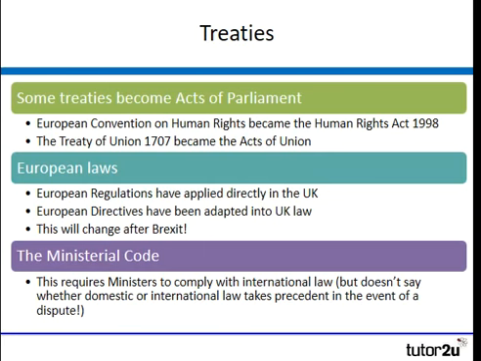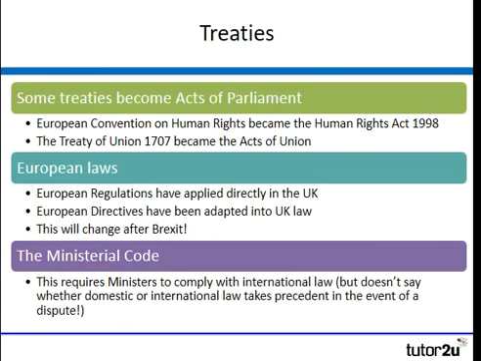European laws, in terms of regulations and directives, have impacted on the UK. So European regulations apply directly in the UK without any further intervention or involvement by Parliament. European directives are adapted into UK law to be a little more specific and linked with the needs of our country. Clearly, this will change after Brexit.